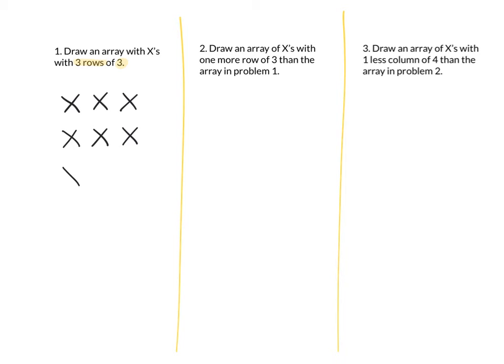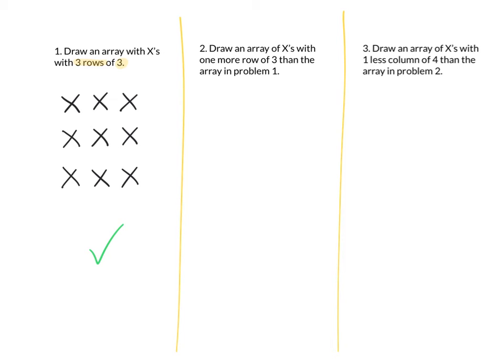There's my second row. 1, 2, 3. There's my third row. So I have 3 rows, and there's 3 inside of each row. Okay, so problem number 1, check, is done.